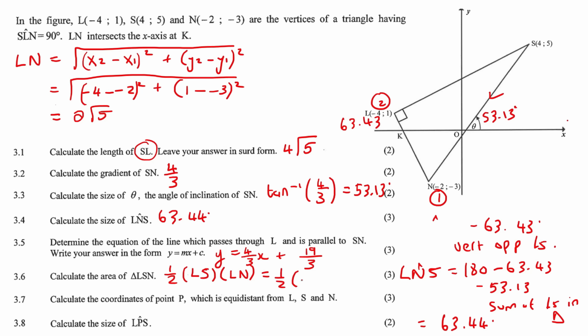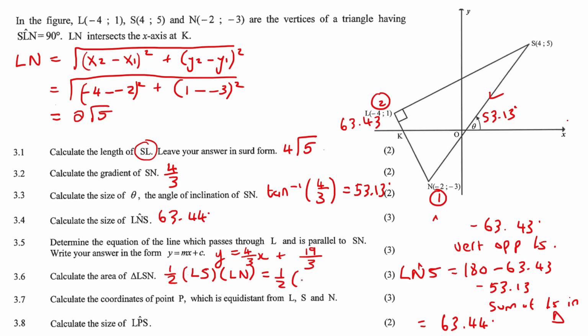So we could, for example, call this point 1, and call that point 2. So that's going to end up being minus 2 plus 4 over 2, minus 3 plus 5 over 2. And so that's going to end up being 1, and minus 3 plus 5 is 2, also 1. Okay, so point P would be 1 and 1.